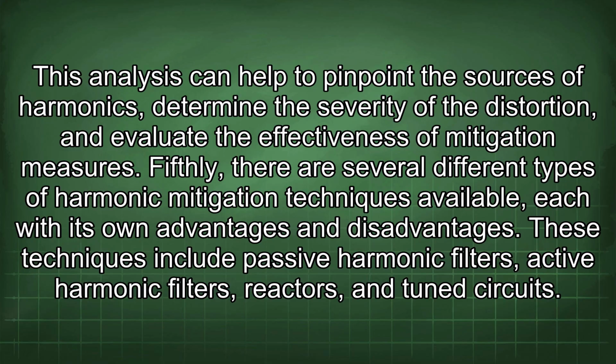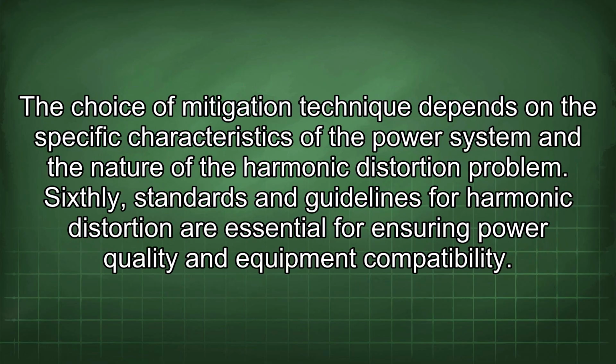These techniques include passive harmonic filters, active harmonic filters, reactors, and tuned circuits. The choice of mitigation technique depends on the specific characteristics of the power system and the nature of the harmonic distortion problem.